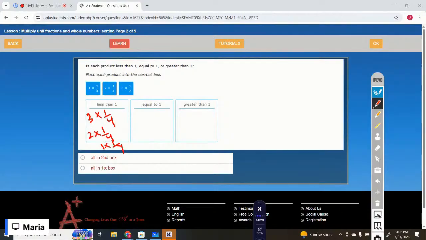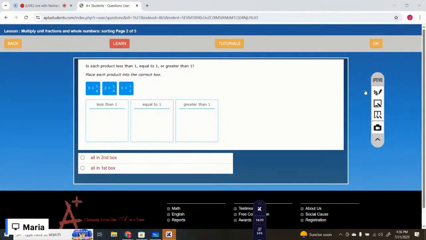And 1 times 1 by 4 is also less than 1. So all in the first box. Option number 2 is the correct option.